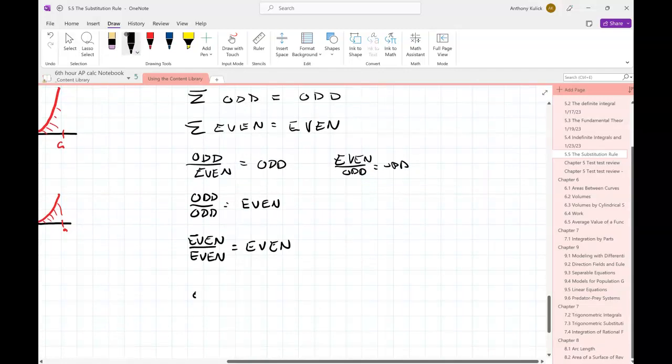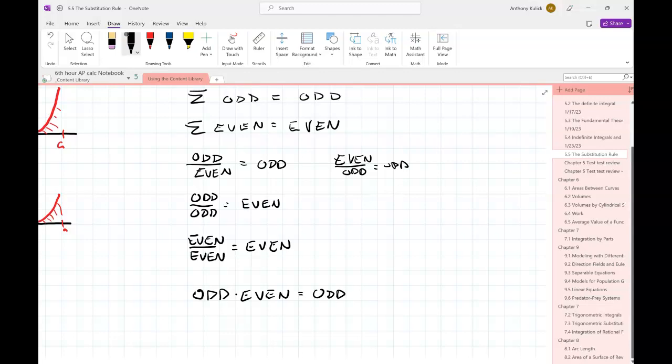The multiplication ones are the tougher. Odd times even is odd. Okay. Odd times odd is even. Even times even is even.